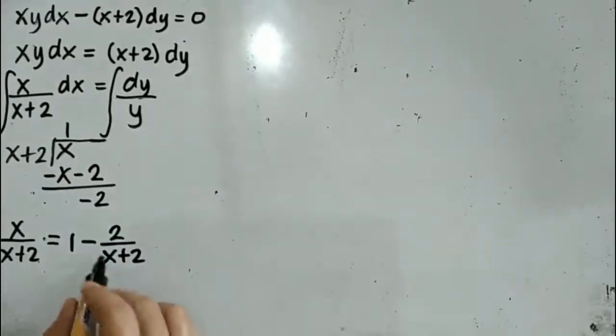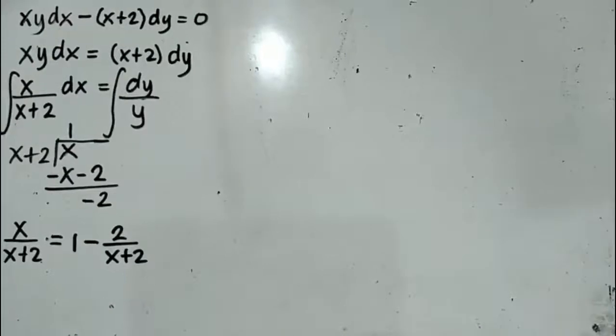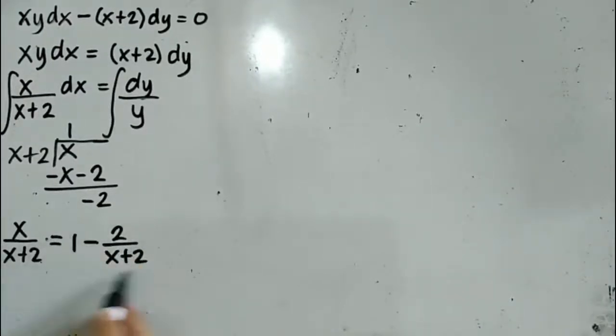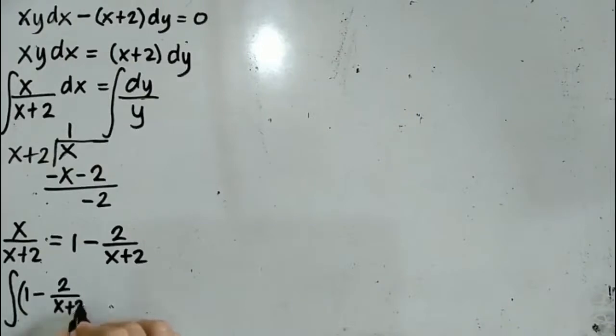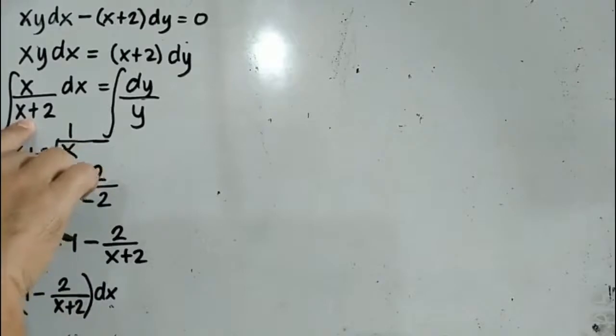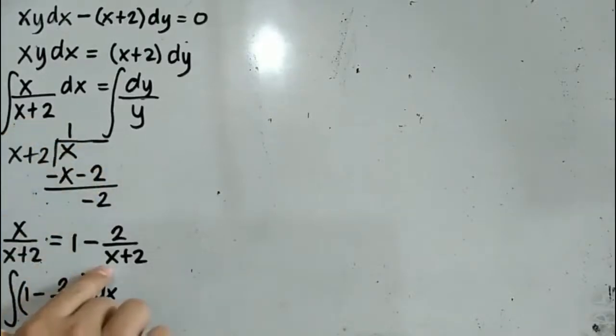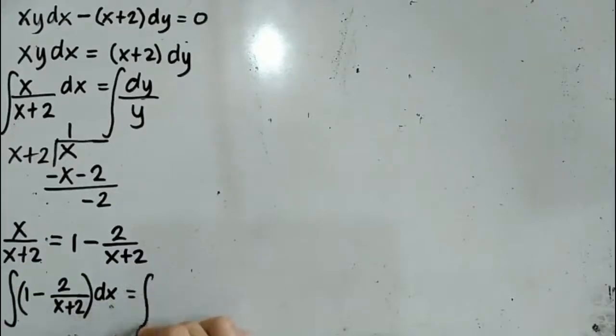So now we see that we can already integrate this whole expression separately, term by term. So that is the integral of (1 minus 2 over x plus 2) dx. We just substitute this with this, since they are equivalent expressions, equals the integral of dy over y.